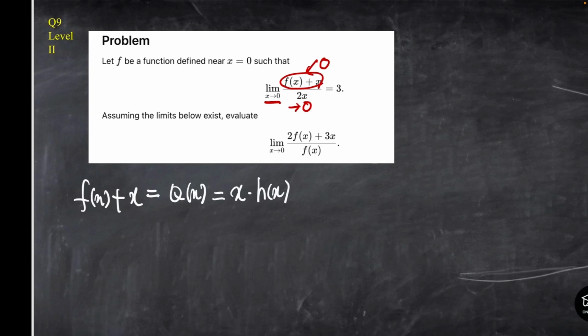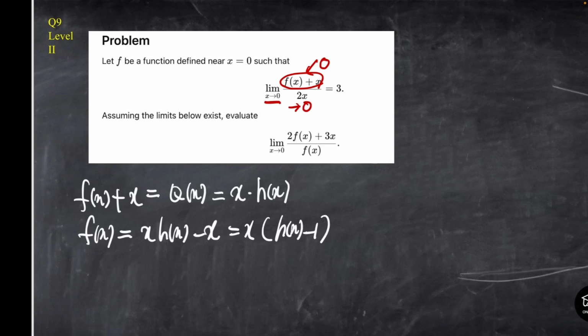Substitute that into the expression for f(x). We get f(x) equals q(x) minus x, which is x times h(x) minus x, which simplifies to x times the quantity h(x) minus 1. Now, plug that into the target expression.